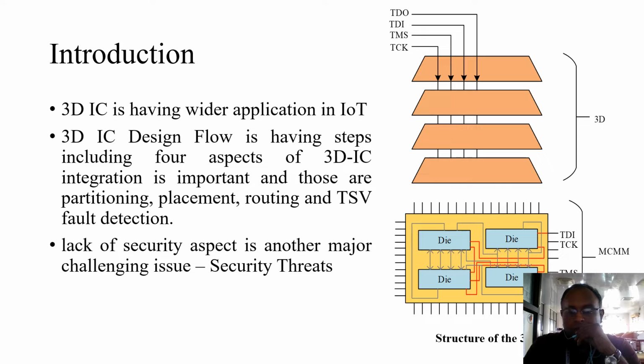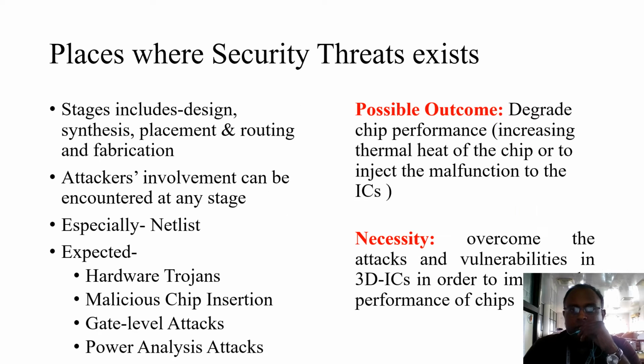But there is some lack of security when we go for this integration, which is a major challenging issue, and we ultimately call it a security threat. The places where security threats exist are that there are many stages in the design, and these stages include synthesis, placement, routing, and fabrication.